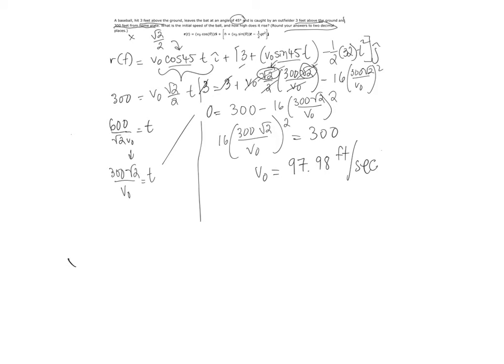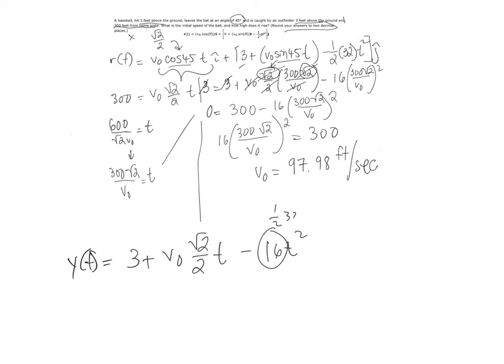Then you have y of t equal to 3, the initial height, plus v naught sine of 45, which gives you root 2 over 2 times t, minus 16t squared. 16 is from 1/2 32.